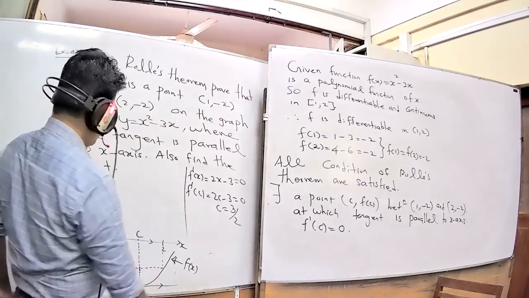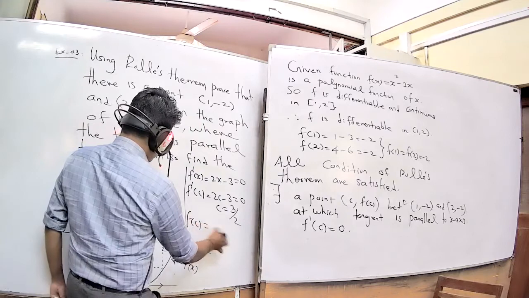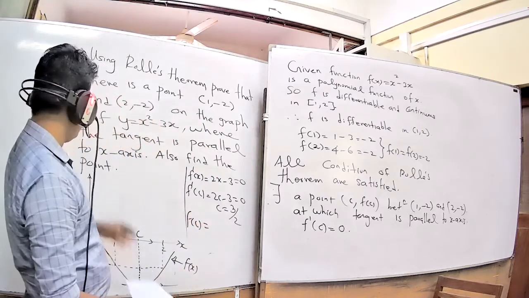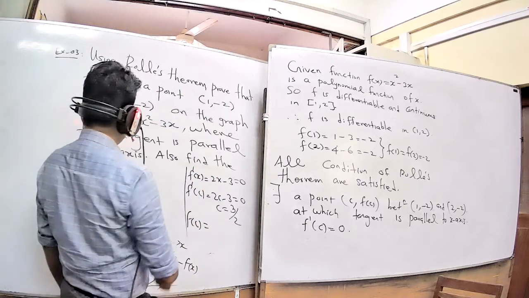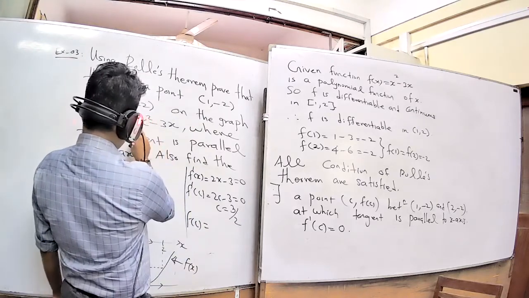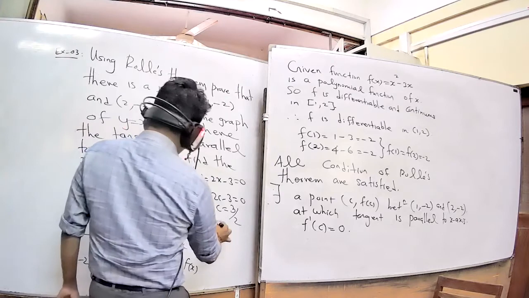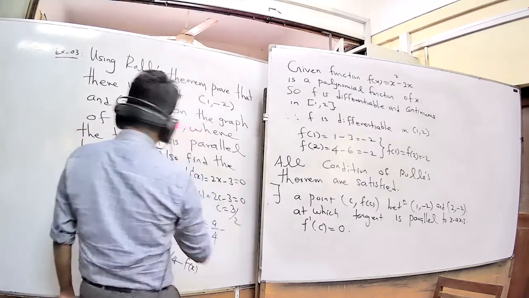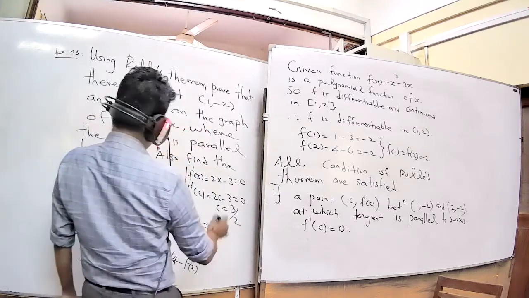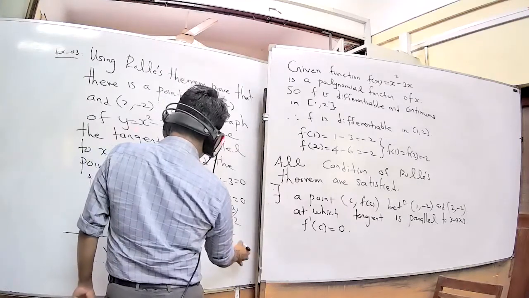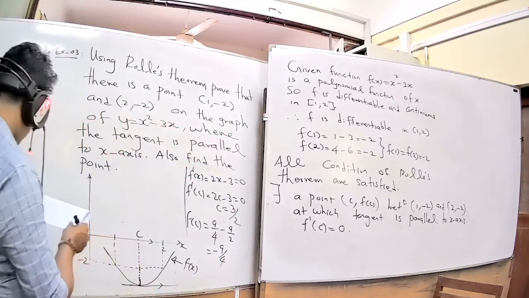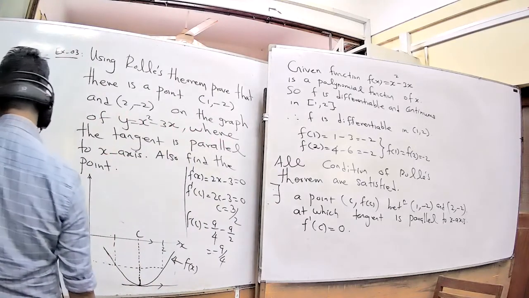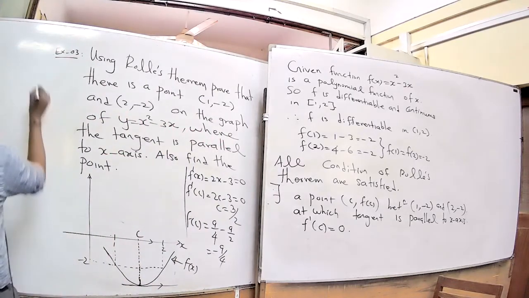What is the f(c) value? Because the question says find the point, they will ask the c and f(c) values. Put c equal to 3 by 2: 9 over 4 minus 3 times 3 by 2, I think minus 9 by 4.